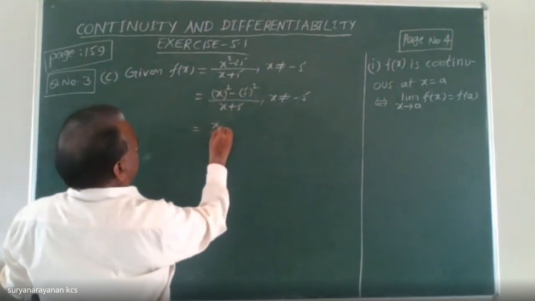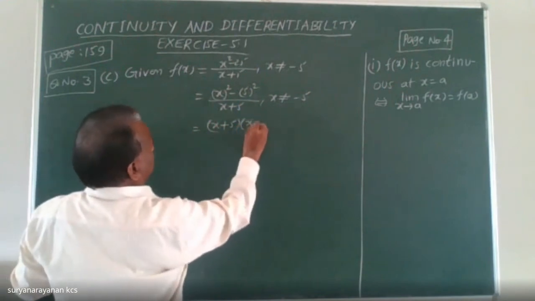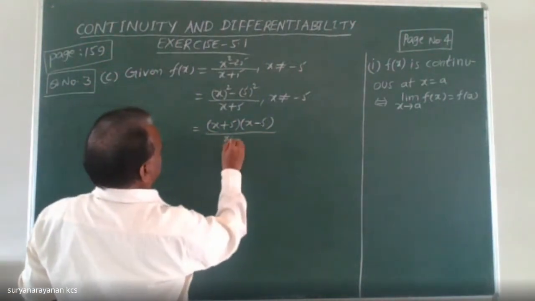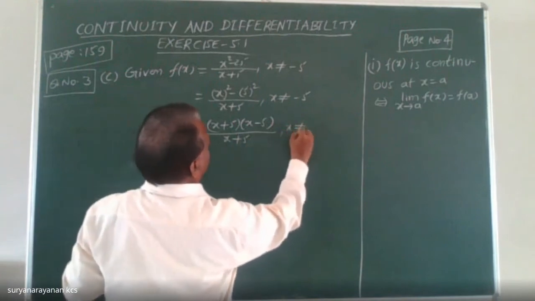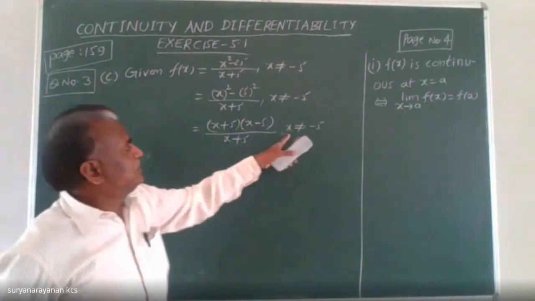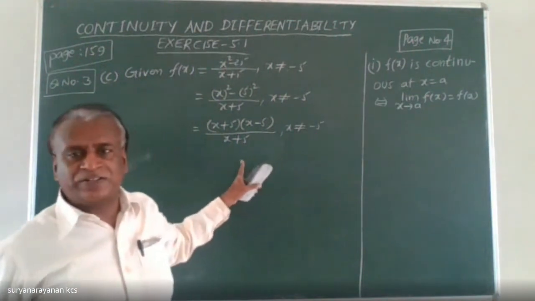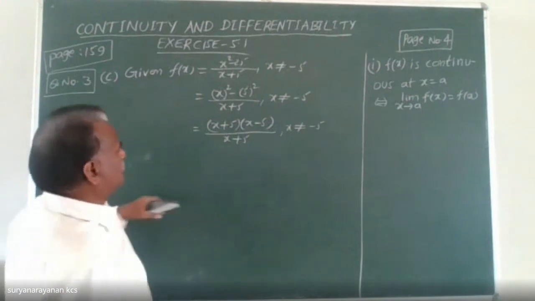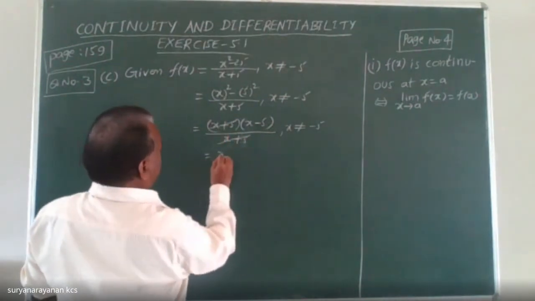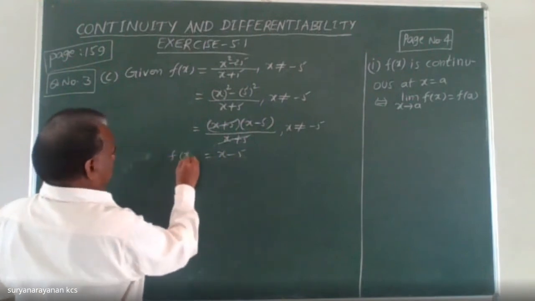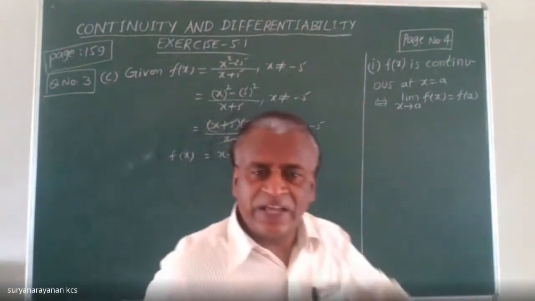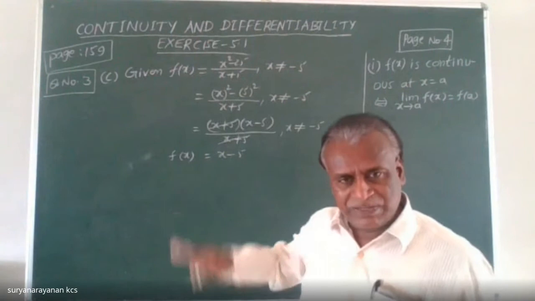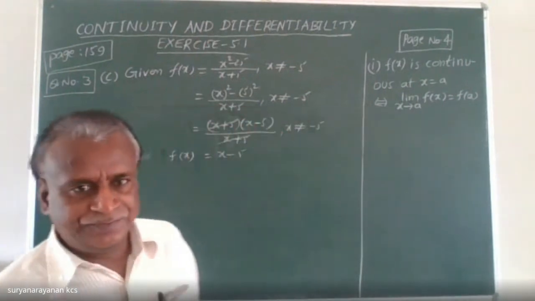This can be written as (x plus 5) into (x minus 5) by (x plus 5). Since x is not equal to minus 5, the denominator is not equal to 0, it is a non-zero number. So we strike out x plus 5, x plus 5. So indirectly f of x is x minus 5 only, not this function.